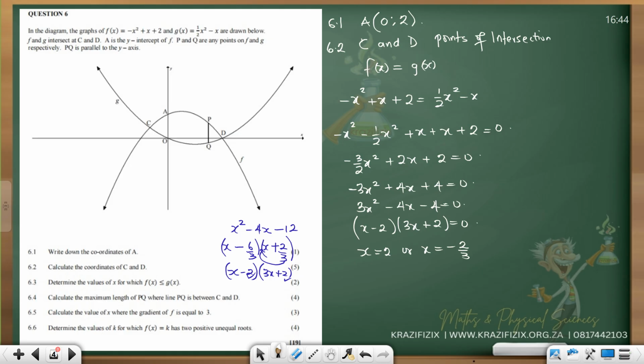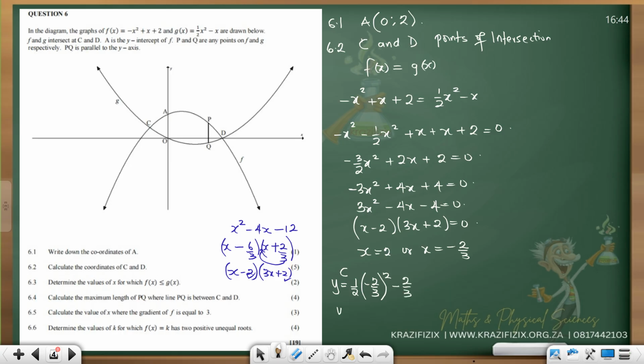But we are looking for coordinates, which is x and y. So for C, C is the negative. We can just substitute in any of the equations. Half of negative 2 over 3, I'm using g. Please, in brackets, minus 2 over 3.